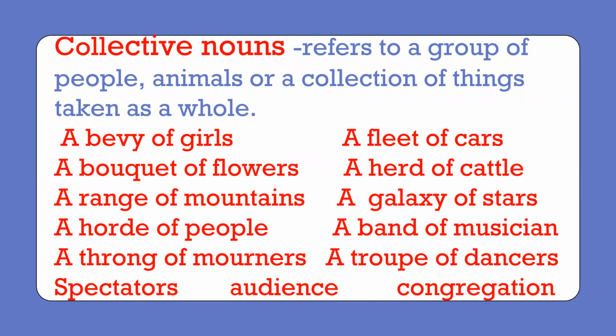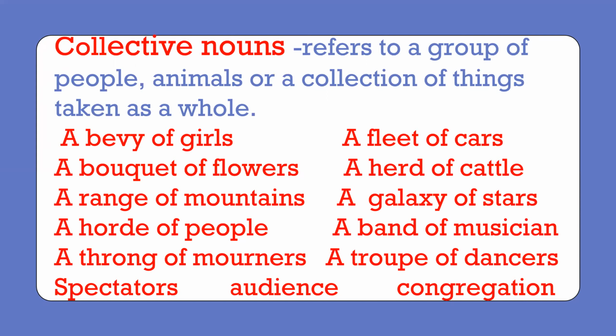And then taking it over, we want to look at collective nouns, also known as group terms. Here we refer to a group of people, animals, or a collection of things, and those things should be taken as a whole.